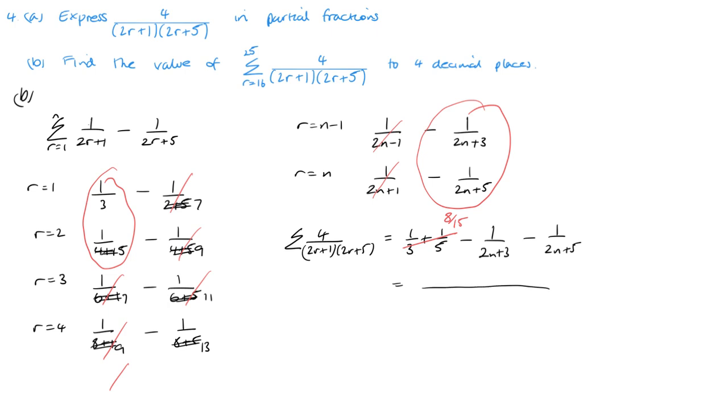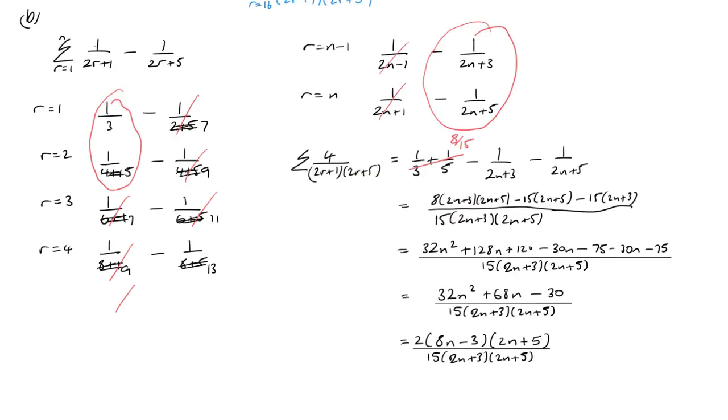So this is all over 15, 2n plus 3, 2n plus 5. And it's going to be 8 times 2n plus 3, 2n plus 5, minus 15 times 2n plus 5, minus 15 times 2n plus 3. Now I'll expand this in one go. And there we have it.